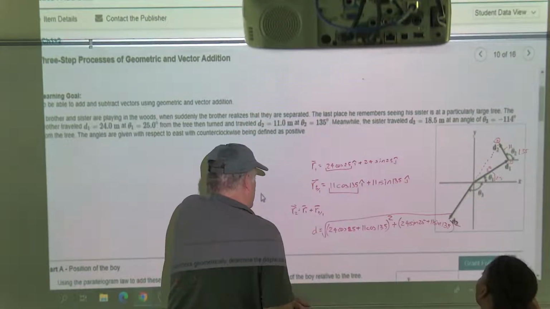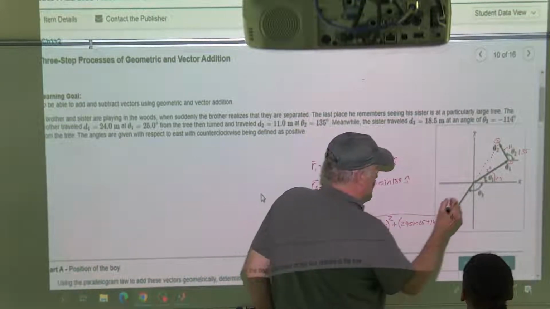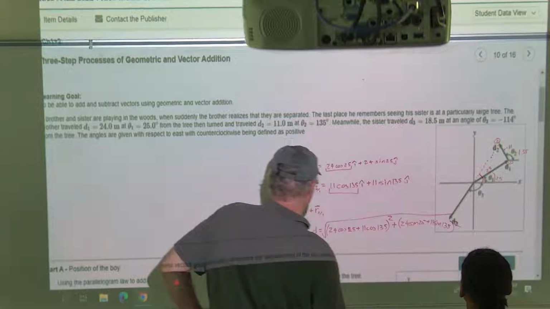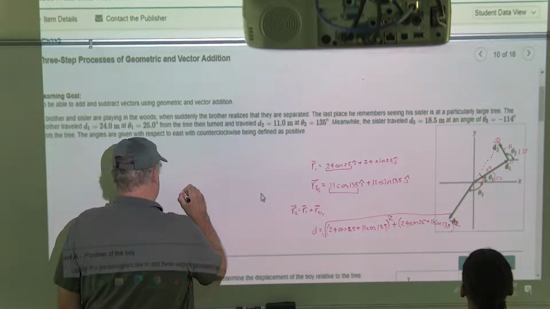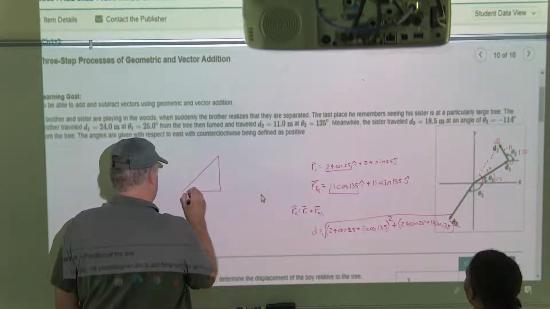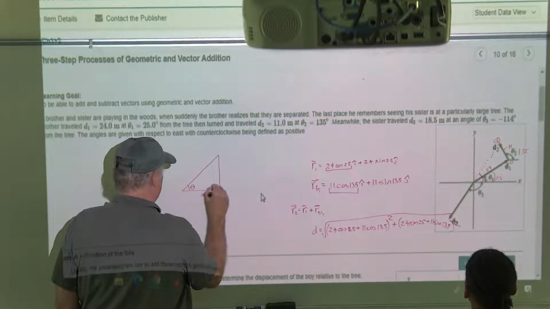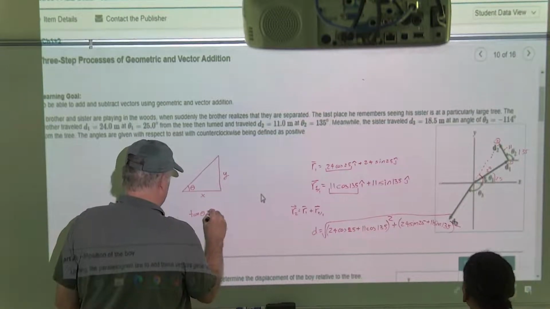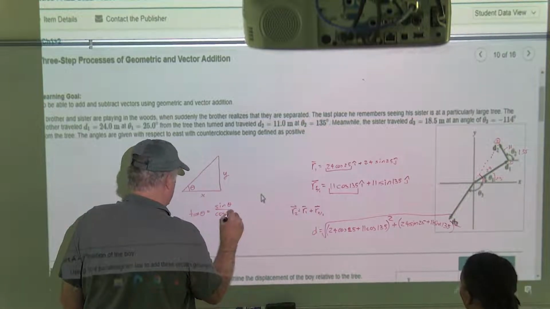Now, the other thing was the angle. He wanted to know this. So that one, you'll have to do a couple of things. If you had this and you wanted to know some angle, and you had the x value and the y value, the tangent of the angle is equal to sine of the angle over the cosine of the angle.